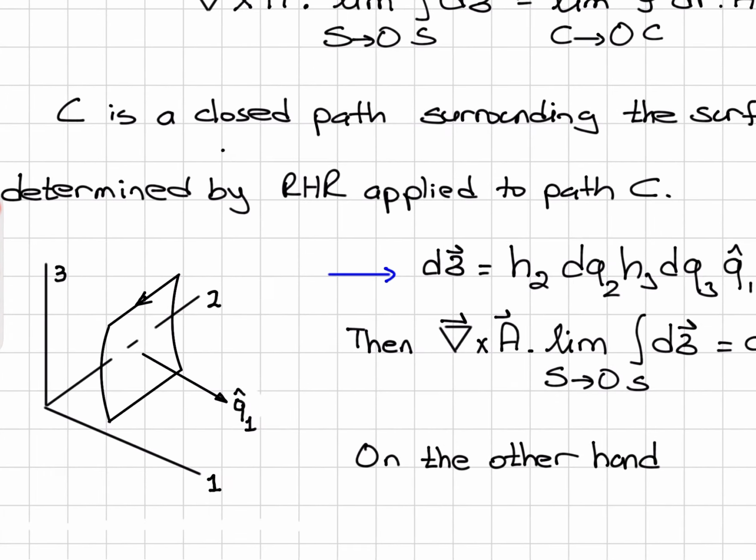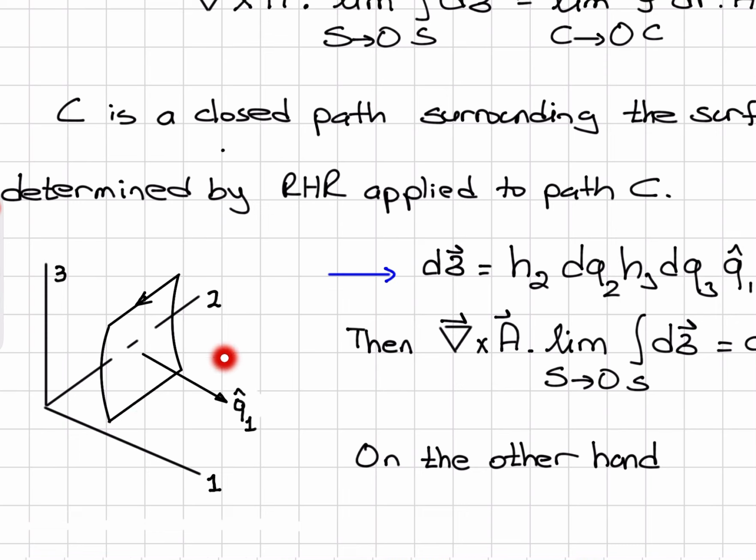If we're doing this on this contour, going in the counterclockwise direction, this is q1 hat, q2 hat, and q3 hat. This is the closed path surrounding the surface. So for this surface, instead of x and y, we would have dq2 h2 and dq3 h3.